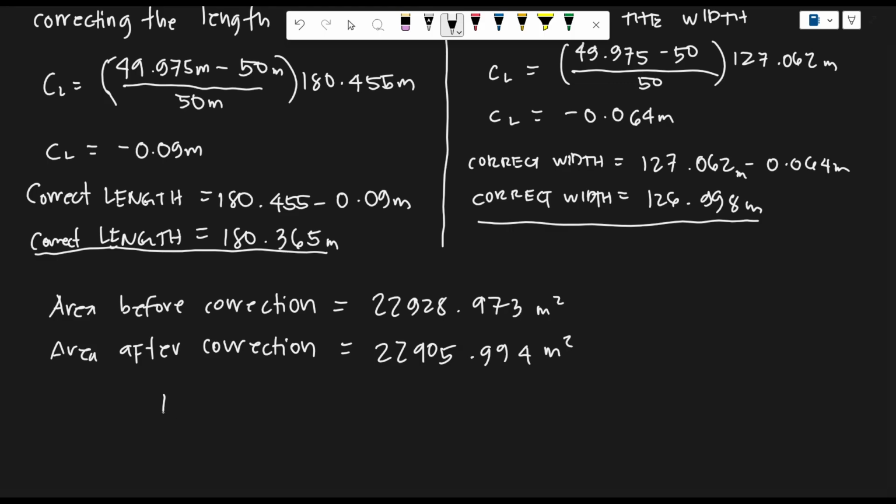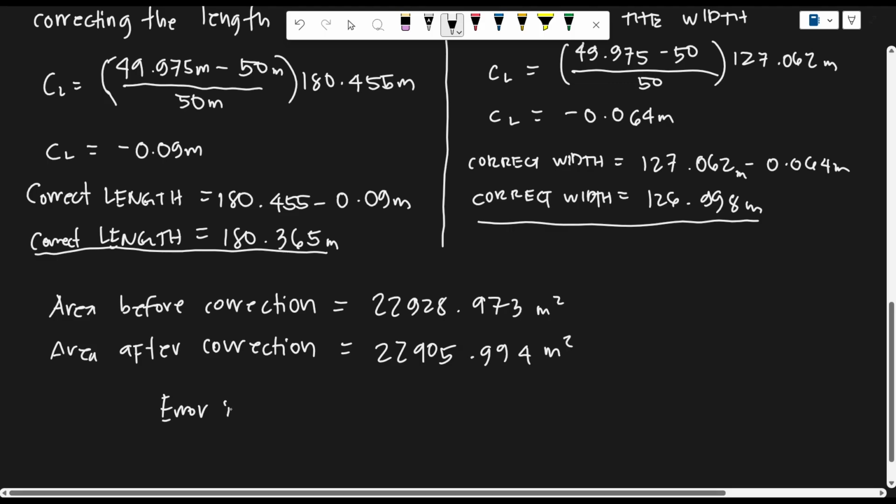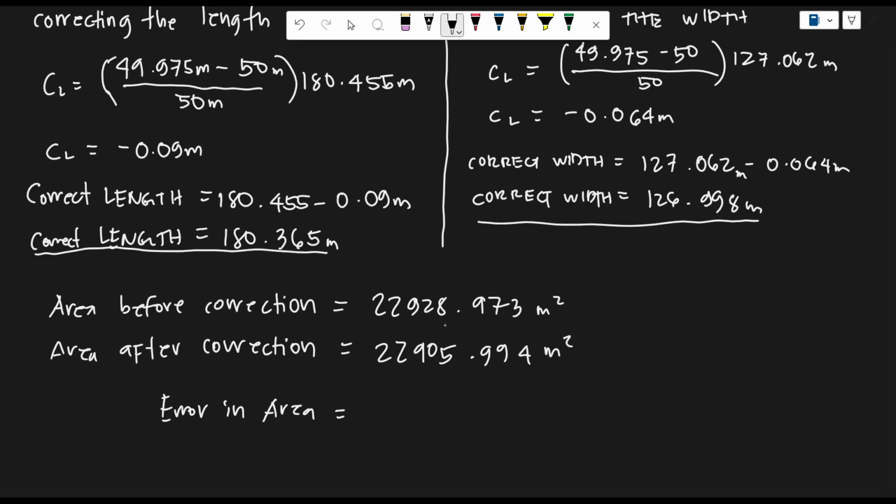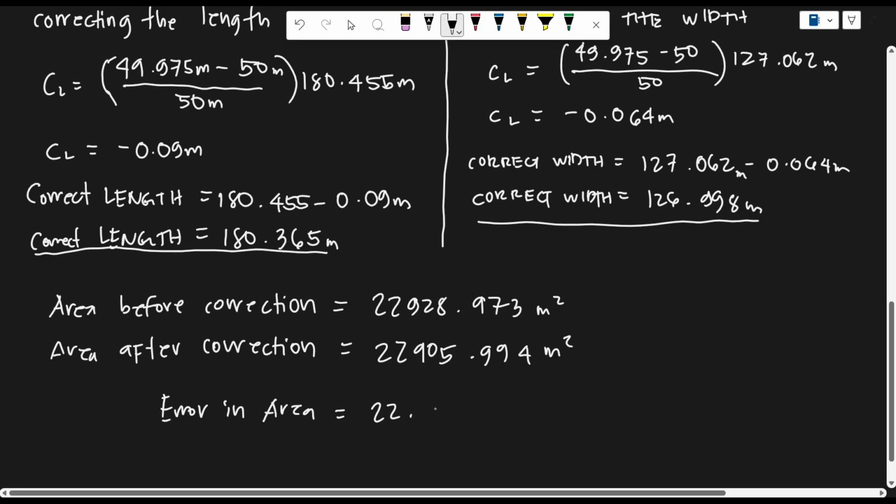So the error in area is equal to, if we subtract 22,928.973 minus 22,905.994, we will get 22.979 square meters.